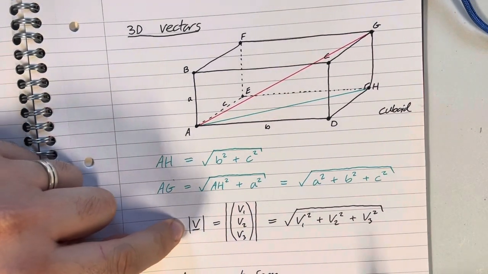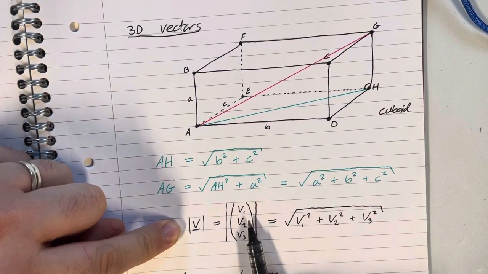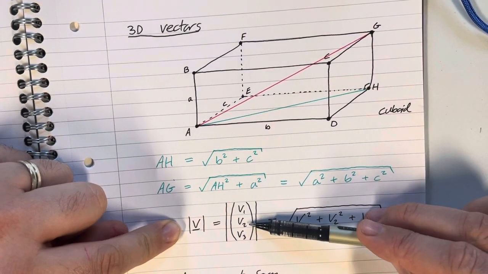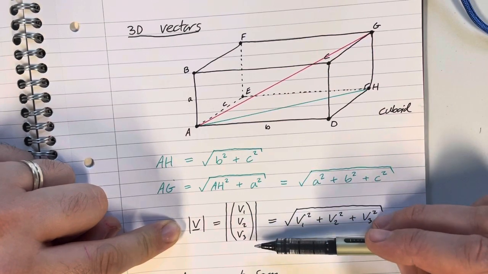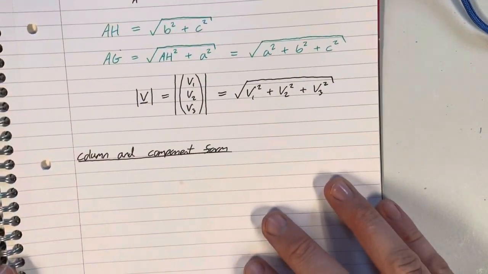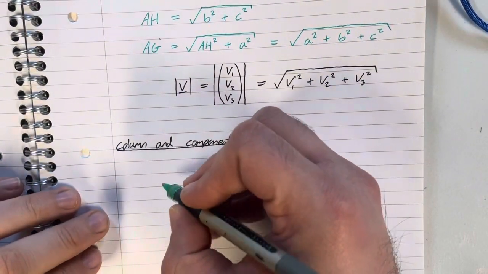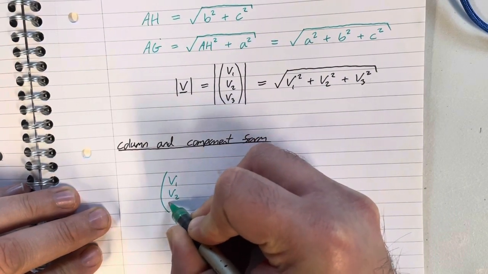So I've hinted at here what the vector in 3D looks like. We've got 3 components now. We have an X direction, we have a Y direction, and we have a Z direction. And this vector here is what we would refer to as column form of the vector. But there's also component form. So column form, this looks like a column.